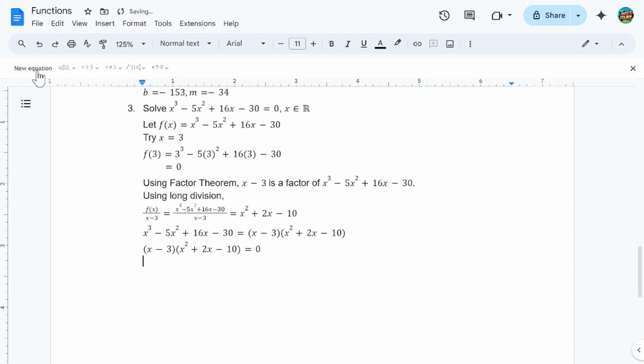So we can now do x minus 3 equals 0, or x squared plus 2x minus 10 equals 0.